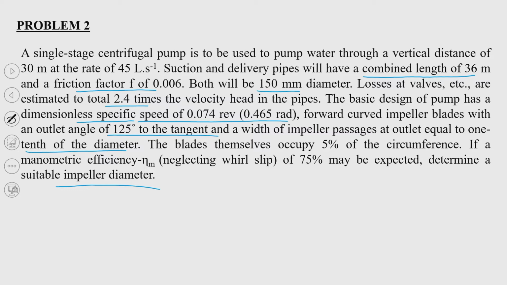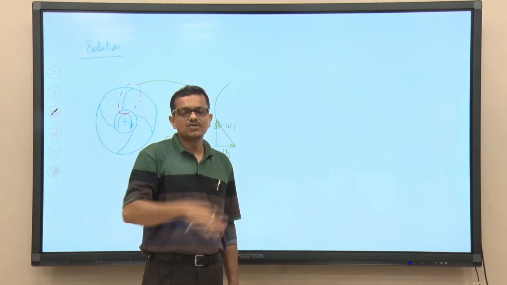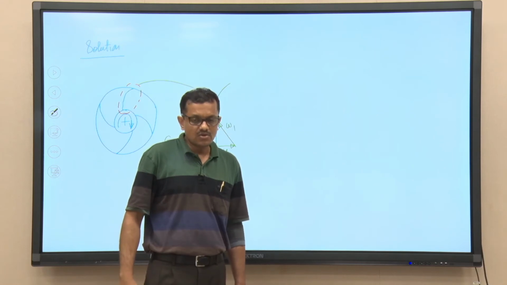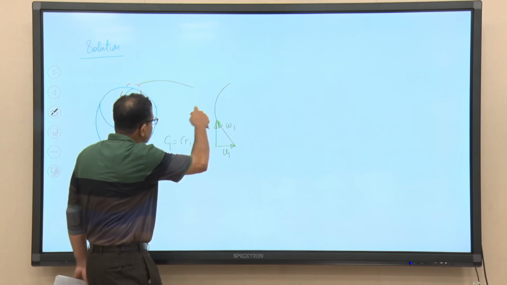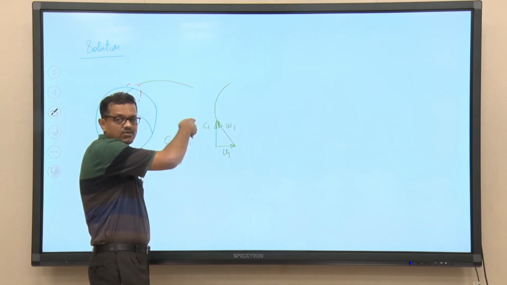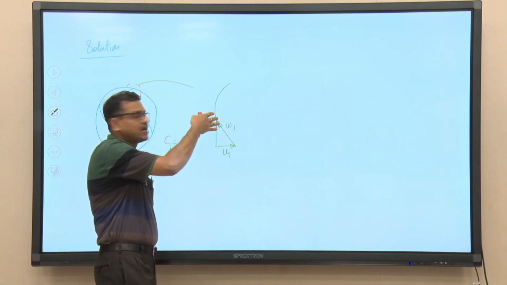You understand that wall strip at the outlet cannot be 0. If it were 0, then C2 would be equal to CR2. That is a special design, and with a forward curved or backward curved blade, it will not be possible to have no wall strip at the outlet.